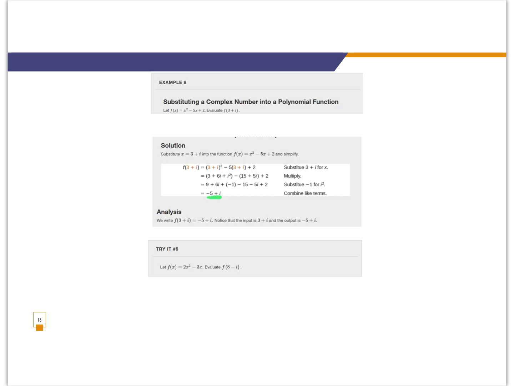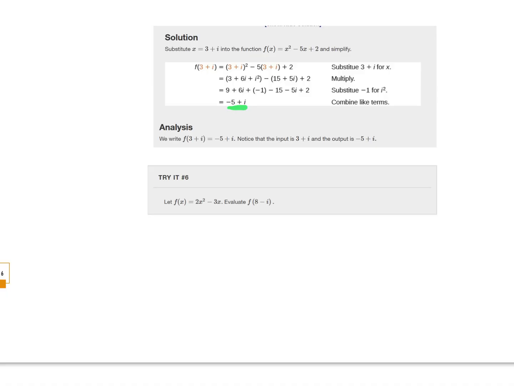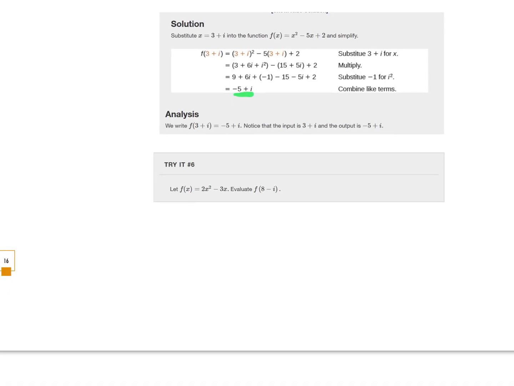Let's drop down to Try It number 6. These should be in your notes. There's no reason these are not in your notes. We're doing another one where we're substituting a complex number in. You might be wondering, why would we ever plug a complex number in place of x?